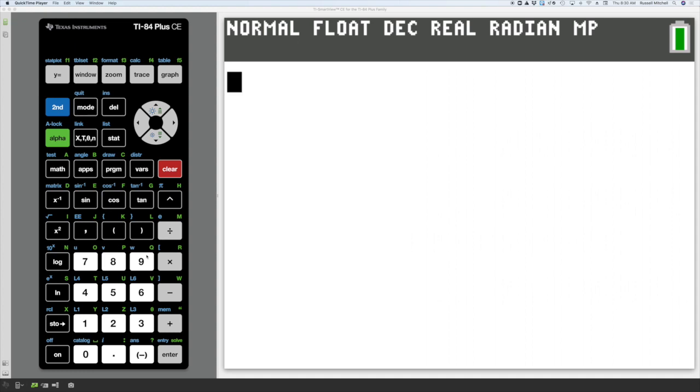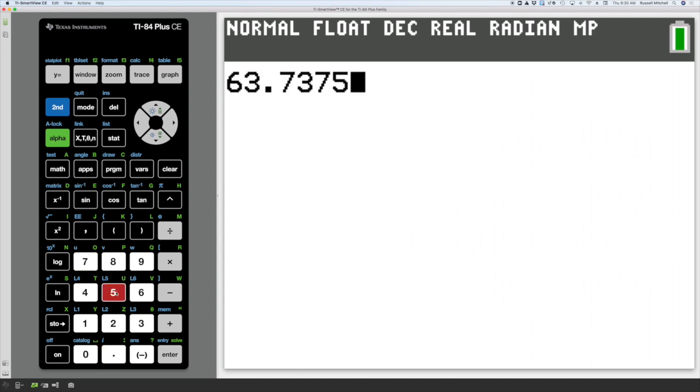All right, from our calculator, we're gonna type in 63.7375, okay? And then we're gonna press second apps. If you're looking at your notes, we're gonna press second apps. So apps is right here, okay? Second apps gives us the second feature, which is angle, okay?